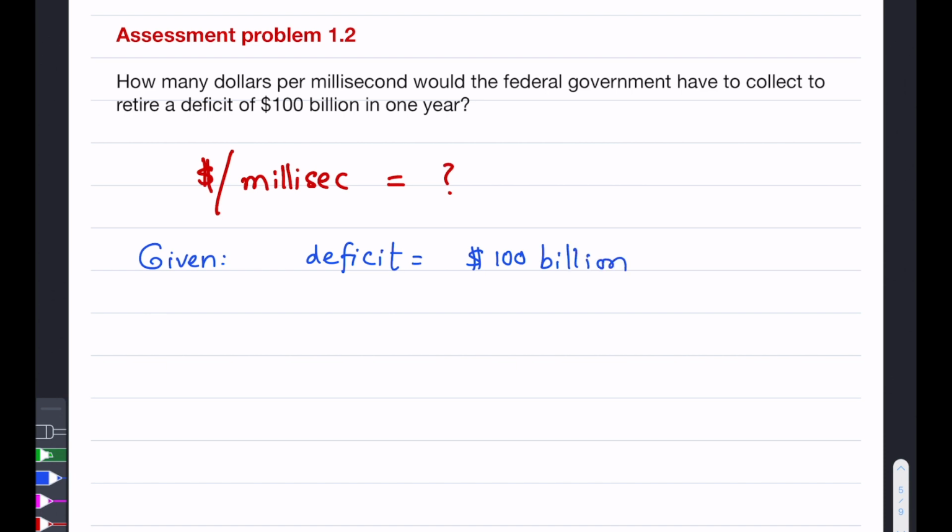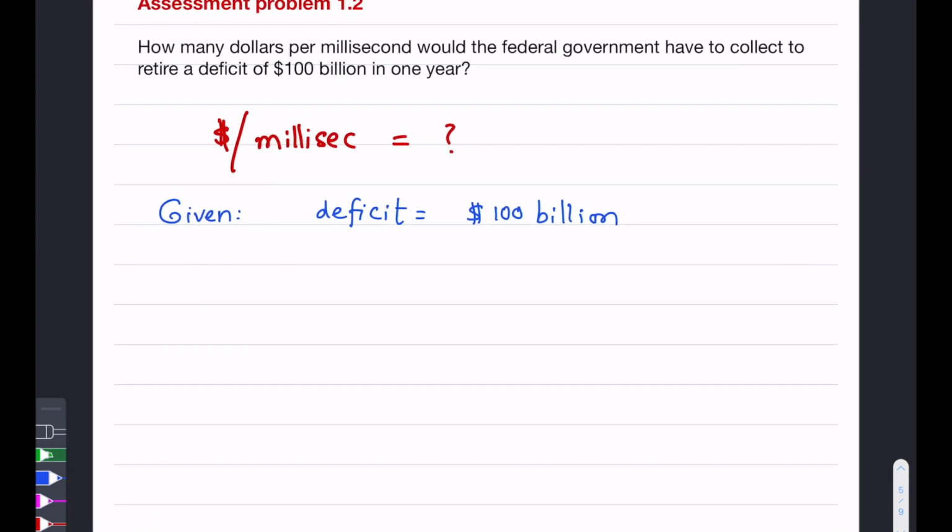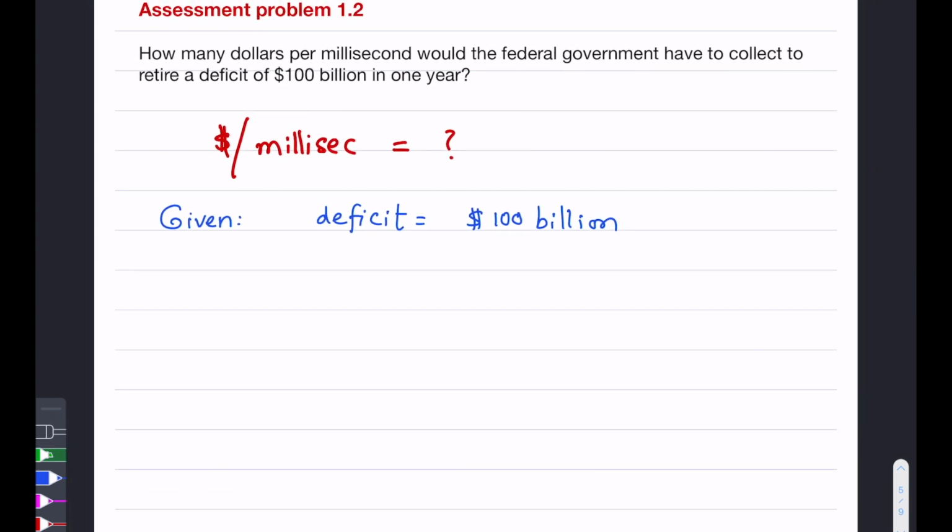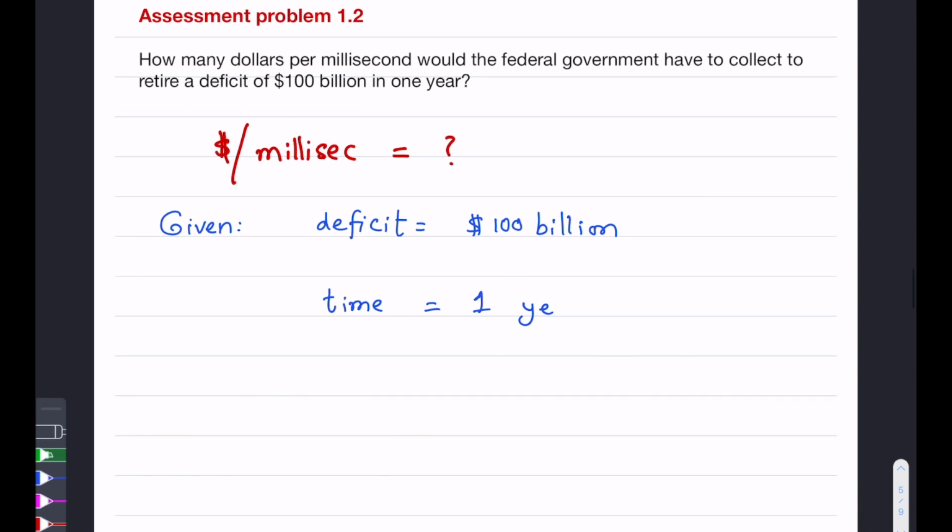That sounds like the magnitude of the problem that governments face. Now, the timeline we are looking at is 1 year. That is how long the government wants to recover this money in. So let us see if we can convert all of this. Billion is again 10 to the 9.